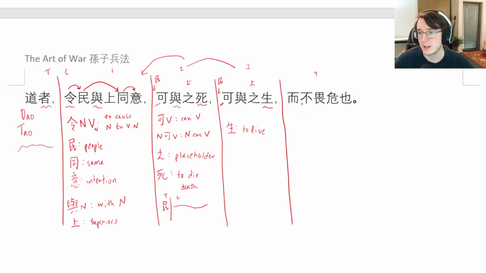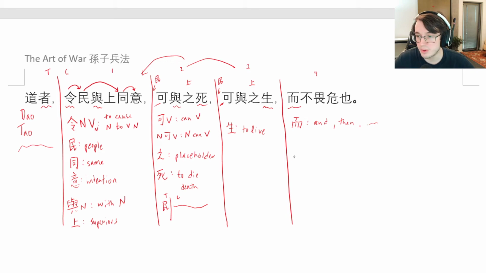Okay. Now this last section here that we have starts with what is basically a conjunction. It's a coordinating term, 而. This can mean many, many different things. It can mean and, it can mean then, stuff like that. Many different things depending on the context. In this case, it basically means and then.